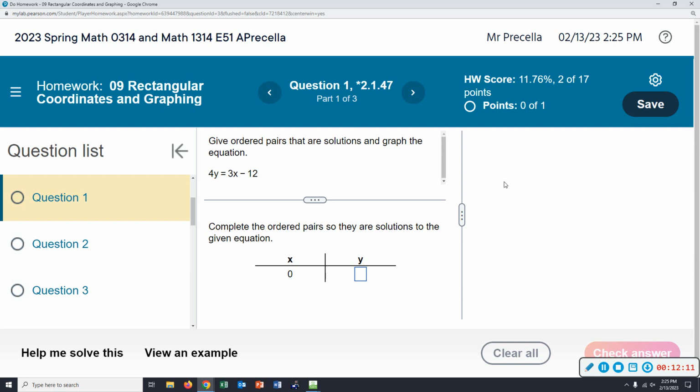And what they're giving us here is an xy table. Let me write out that xy table. What we're going to be doing here is plugging in. Like on the first line of that table, there's a 0 in the x column.